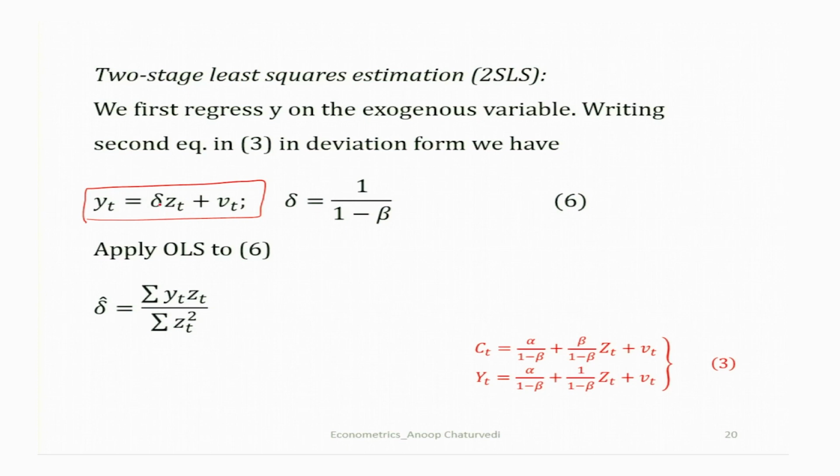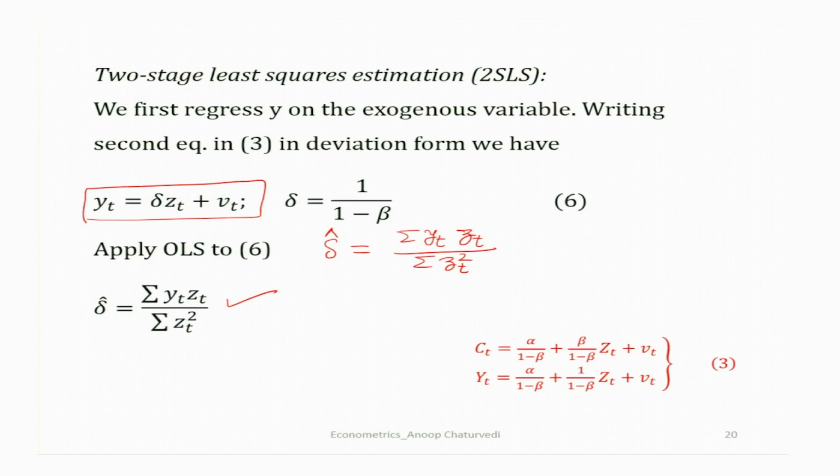The OLS estimator of delta is now delta hat equal to summation y t z t divided by summation z t square. So, you get this estimator of delta.